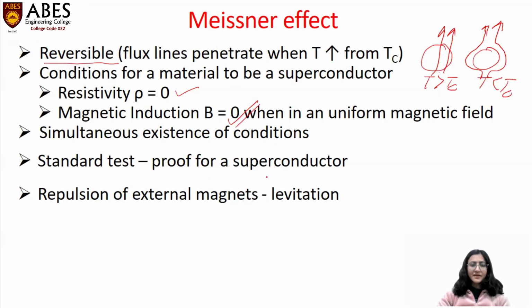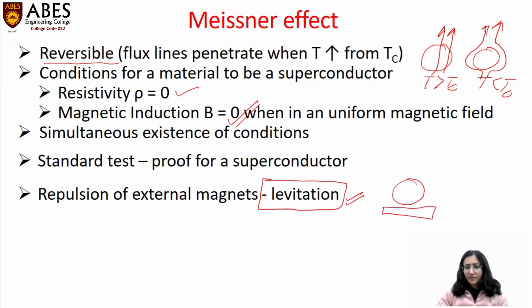From the diamagnetic nature, we can make use of the levitation properties found in superconductors, where levitation is basically when a material is in a superconducting state and we place it on a magnetic material, as the temperature is reduced below critical temperature, this superconducting material will hover over the magnetic material.